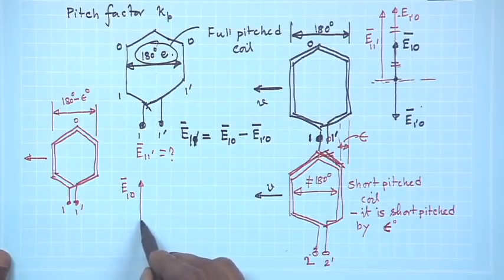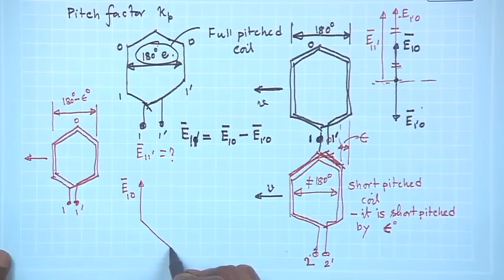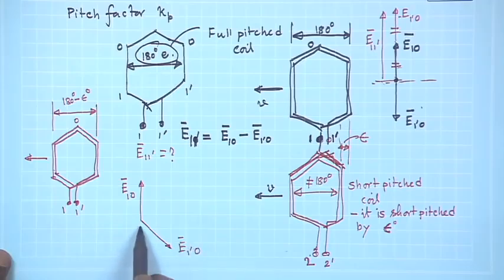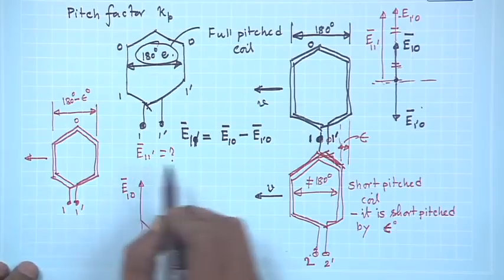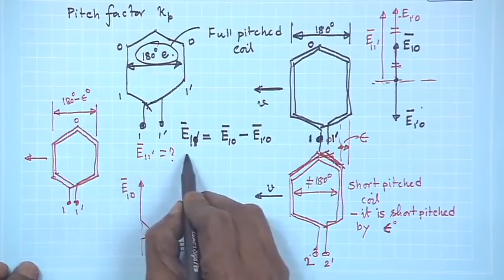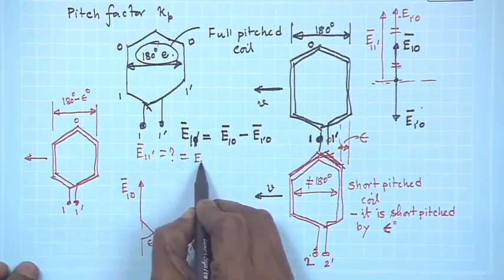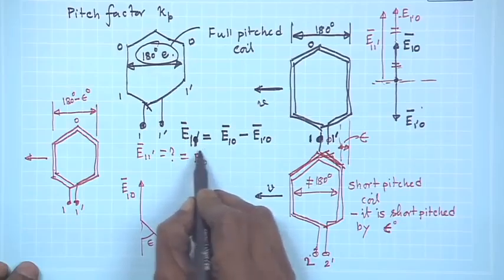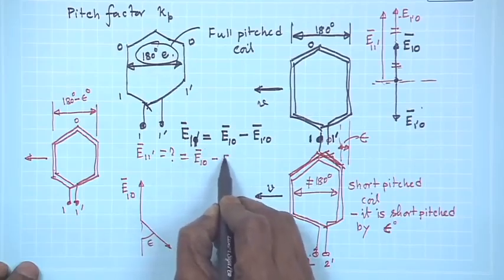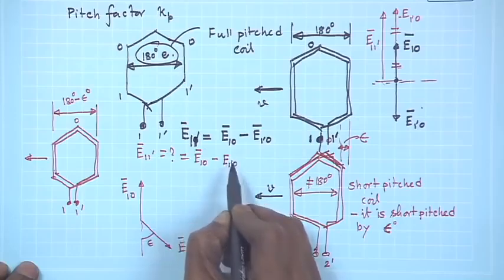So, E 1 dash 0 can be drawn like this, lagging this. The whole angle is 180, this angle is epsilon. Therefore, I want to find out E 1 dashed, which is nothing but the phasor E 10 minus E 1 dash 0.